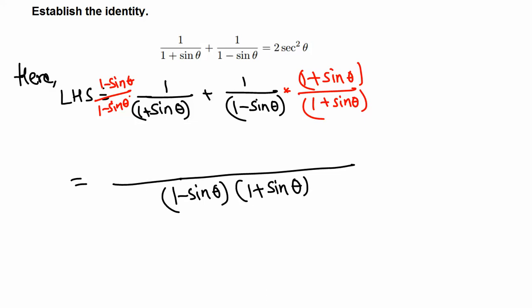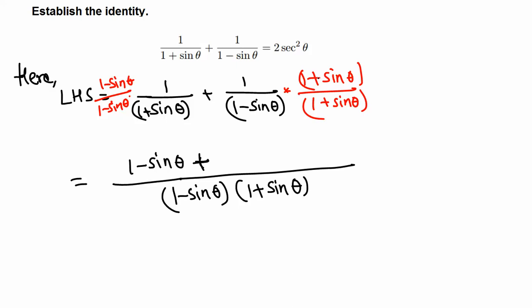On the top, 1 minus sine theta times 1, so just 1 minus sine theta plus, so whenever we have a plus sign then we don't have to worry about putting parentheses around. If this sign were negative, then we had to put parentheses around or distribute that negative, but in this case, good news, plus.